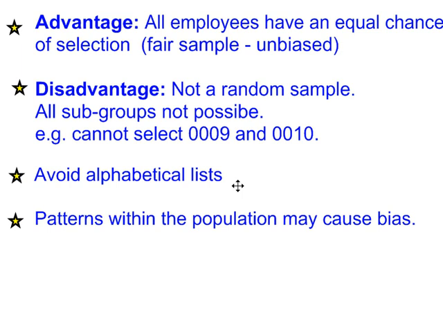An example of that could be a factory that's producing components for machines, and every 20th component for some reason is faulty. And if you're selecting every 20th component using systematic sampling, you may miss all of the bad components, or you may only select all of the bad components. So if there's any underlying patterns within the population, it can cause problems.